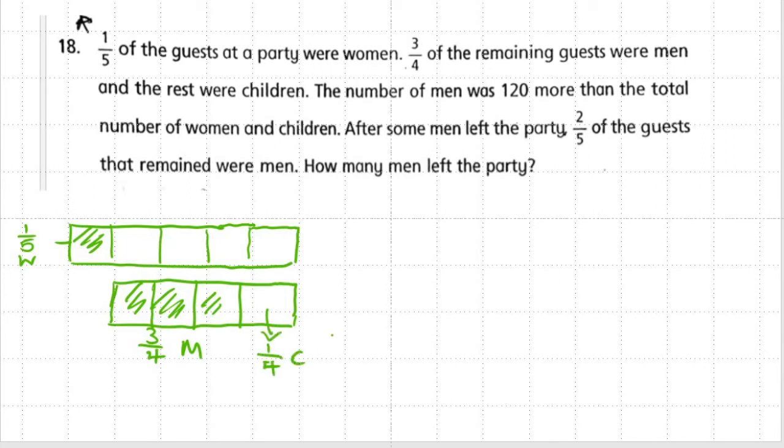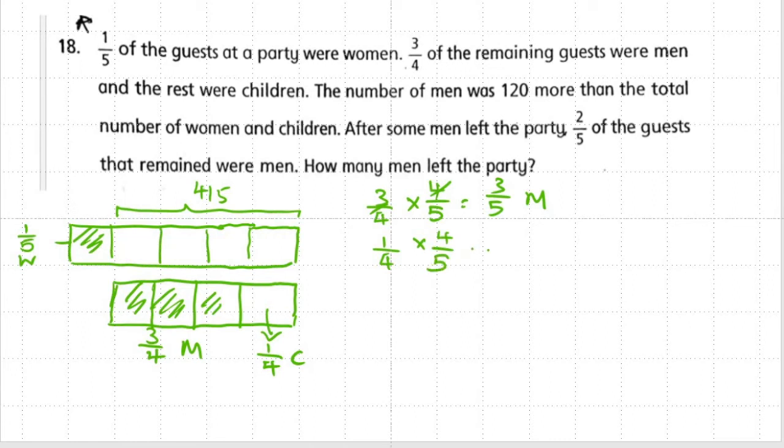Okay, so if you were to put everything back into one bar, you know that this whole thing is actually 4/5. This remaining comes from here, so I want to know 3/4 times 4/5, which is actually 3/5 are men. Children is 1/4 times 4/5 because they all come from 4/5.